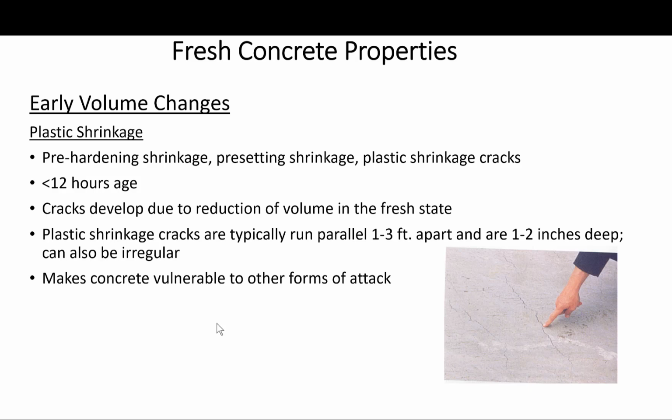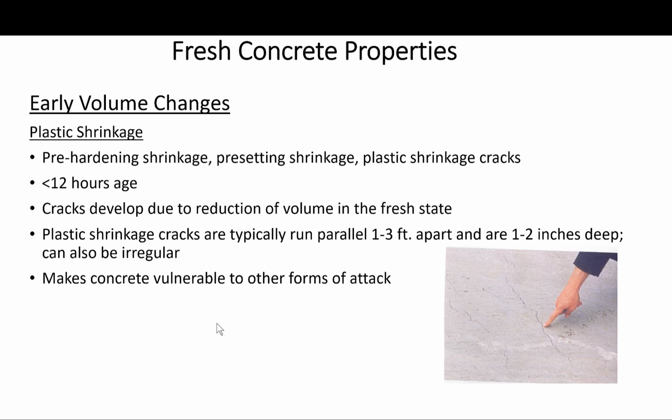The cracks typically develop due to reduction of volume in the fresh state. These plastic shrinkage cracks typically run parallel, about 1 to 3 feet apart, and about 1 to 2 inches deep.